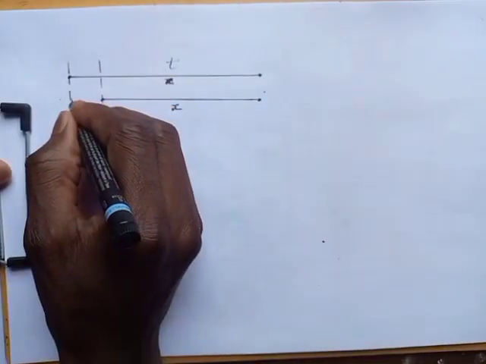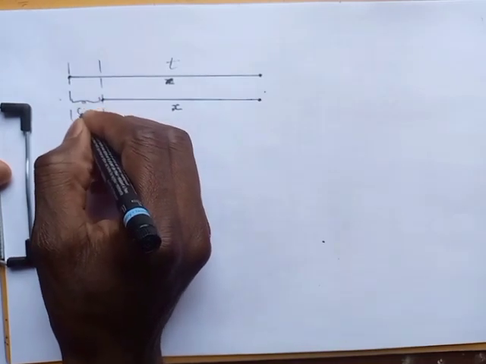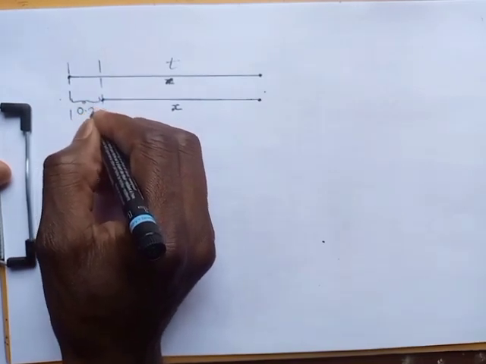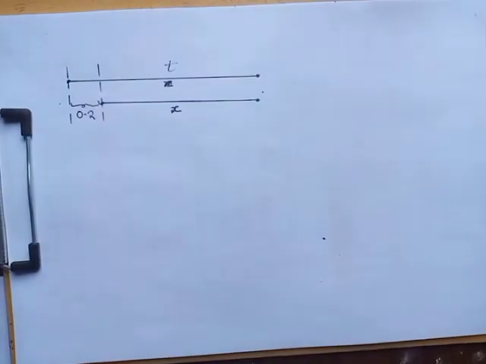The distance which is going to be at this point, I'll label it as 0.2. Why am I trying to do it like that?